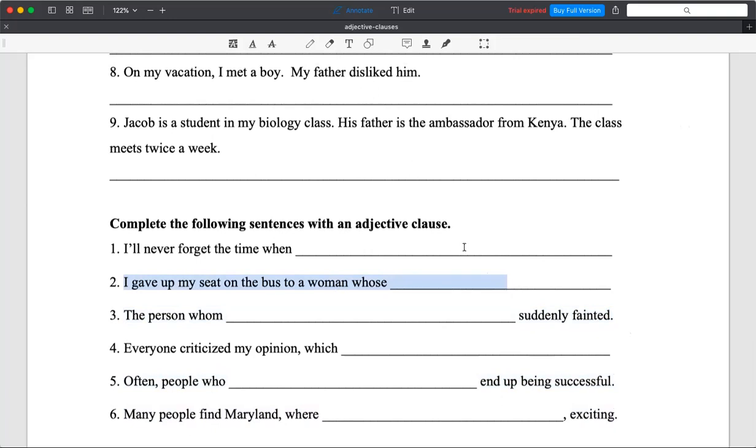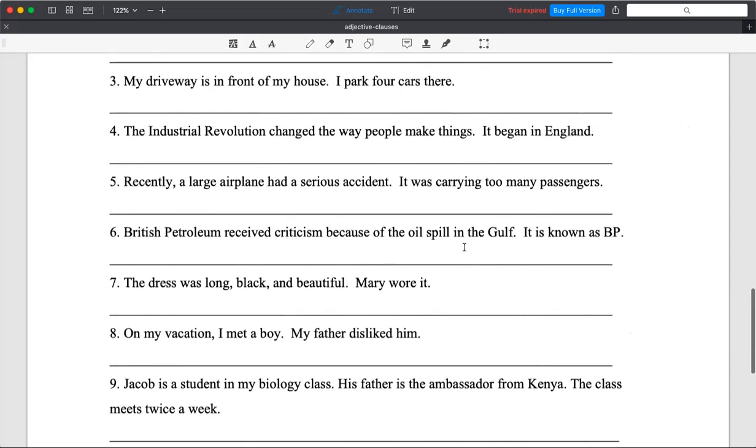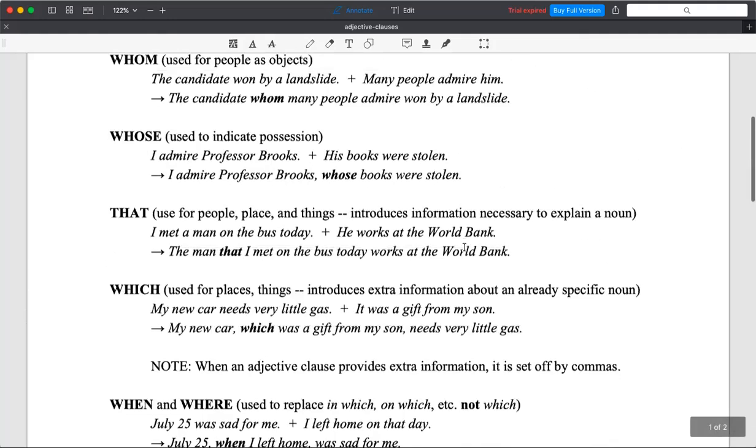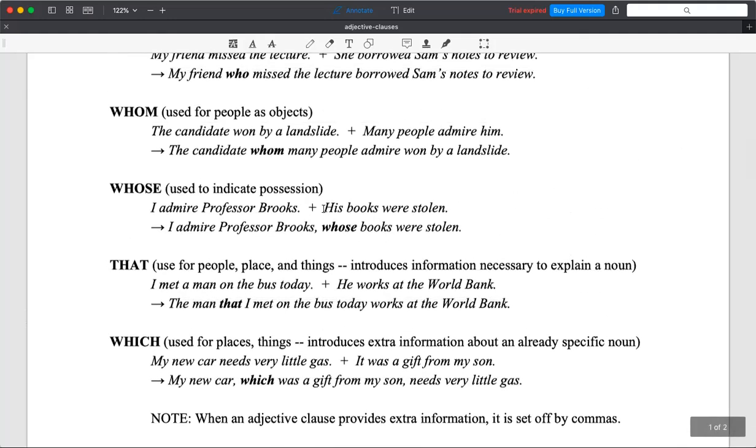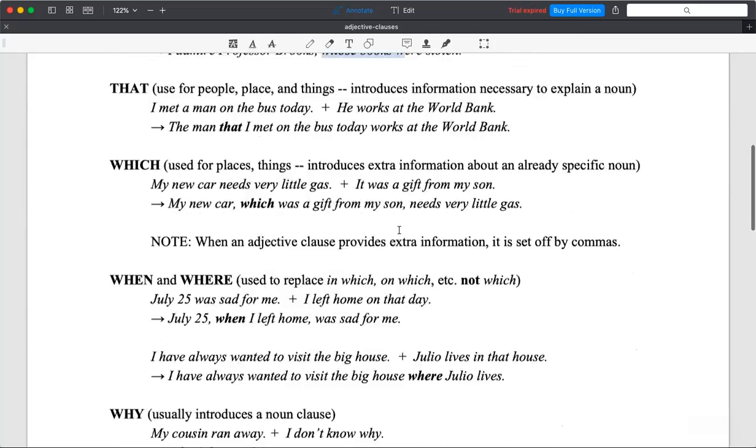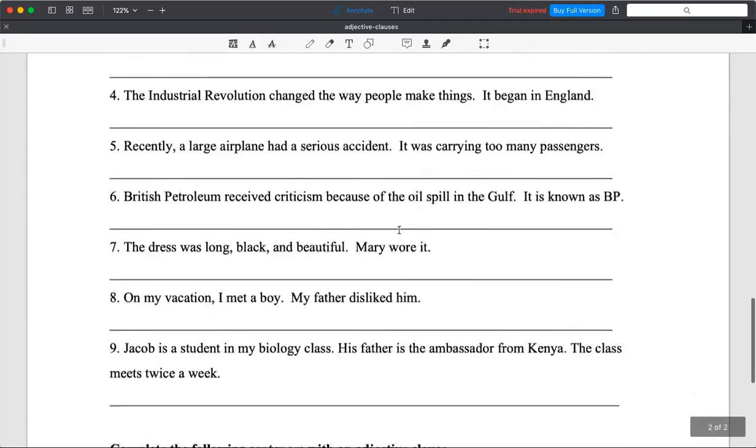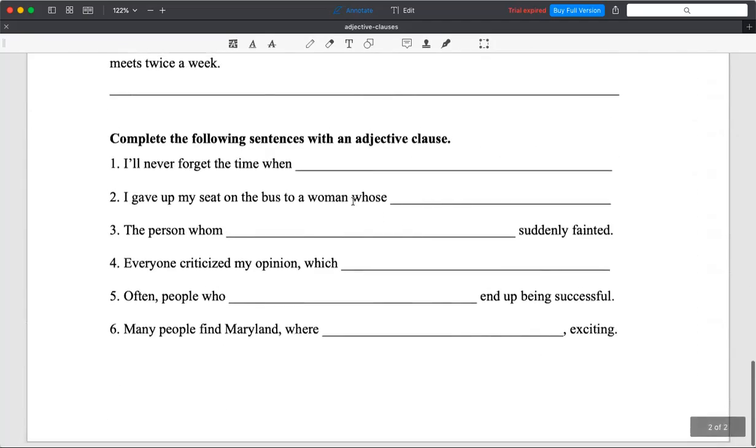Okay, once again, Fiona, I'll try to explain whose. When you use whose, you must have an adjective in your original sentence. If I say his books, I would say whose books. In this case, because of the woman in the sentence, we can say whose jacket was stolen.